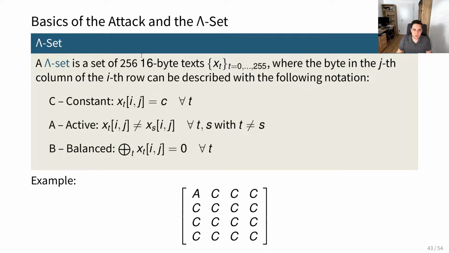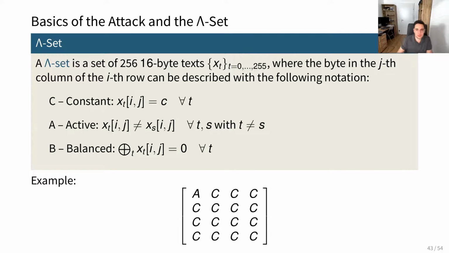The set we enter with is, for the AES, a set of 256 16-byte texts. This means that we have 256 plaintexts, and every one of the 16 bytes of these texts can be described by one of the following notations.